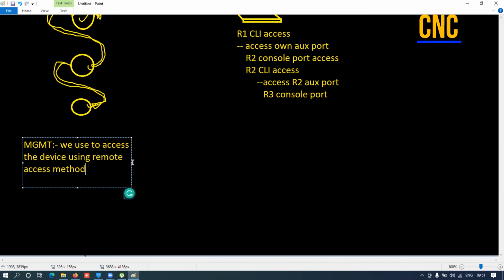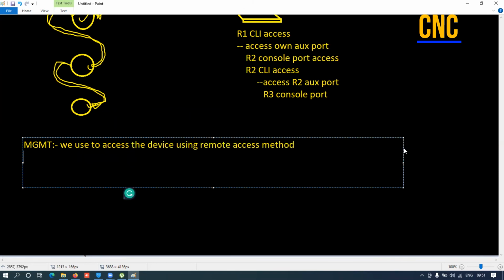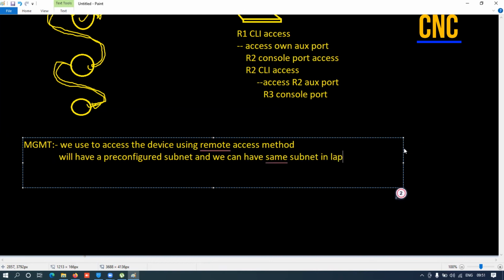It means the management port will have a pre-configured subnet, and we can have the same subnet on the laptop and access it without using console. It means that's a layer 3 access of the device, and that's a dedicated one.